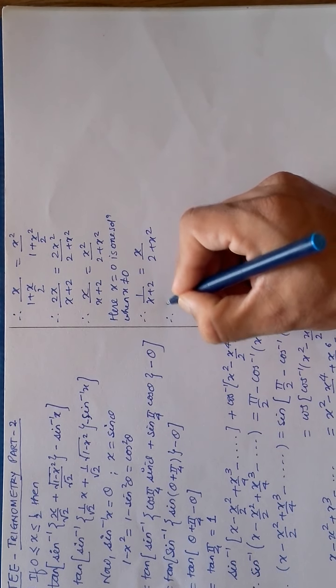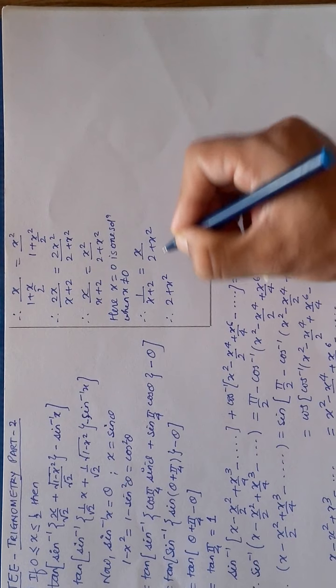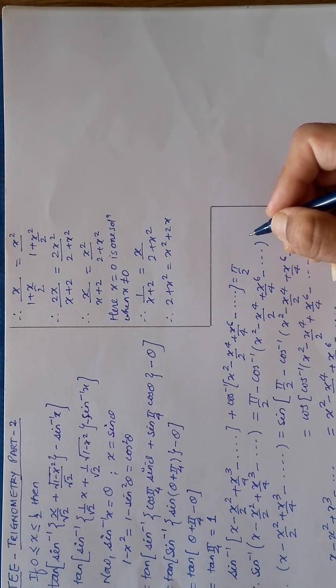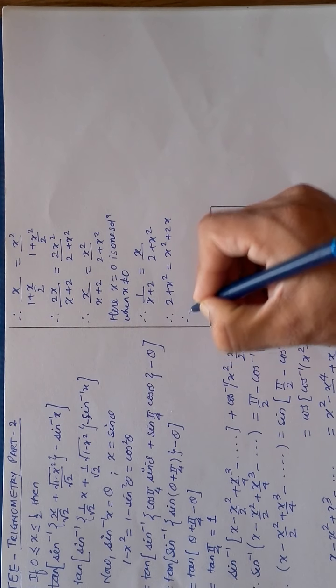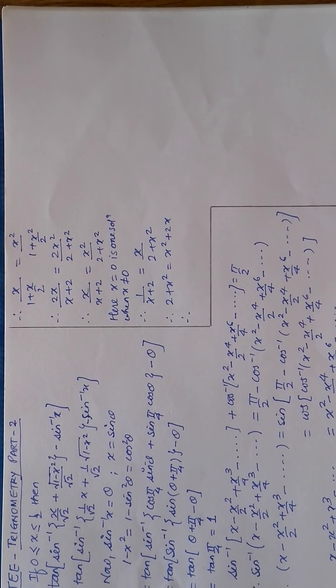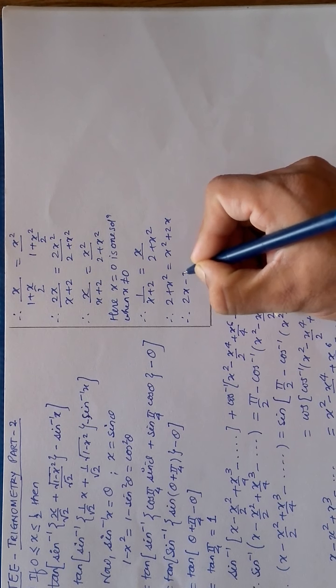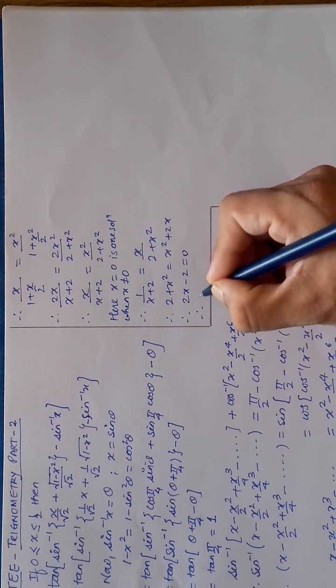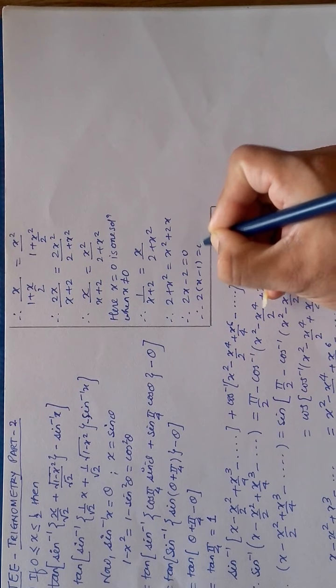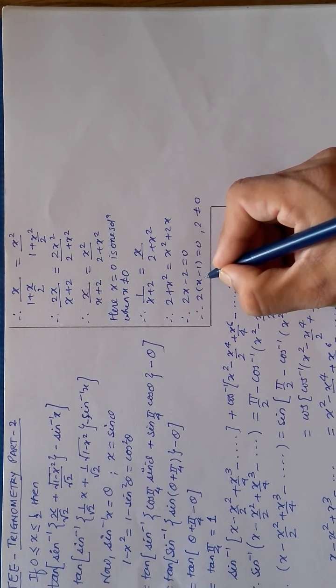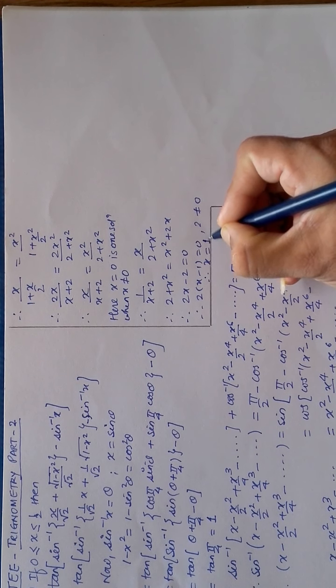Cross multiplication we get here 2 plus x square is equal to x square plus 2x. Right? So obviously x is already not equal to 0, so this x square goes. So you get here 2x minus 2 is equal to 0. That means 2 into bracket x minus 1 is equal to 0, in which 2 is never equal to 0, indicating your x is equal to 1.